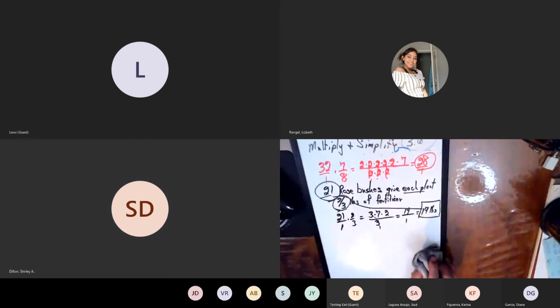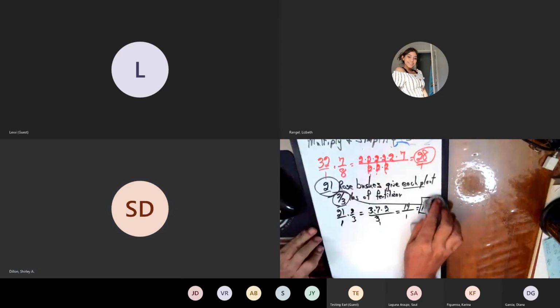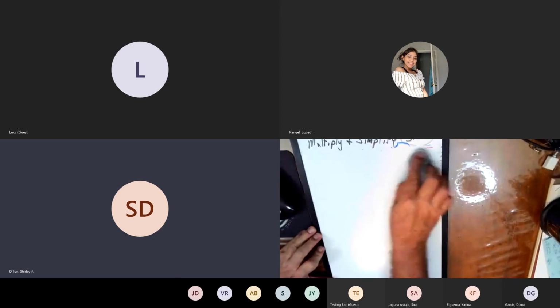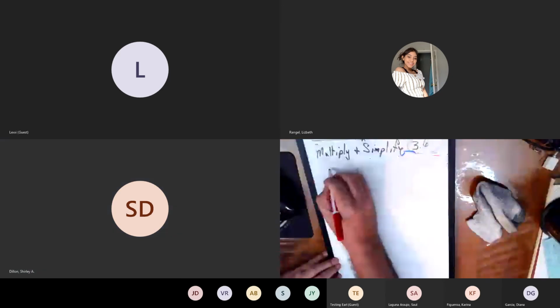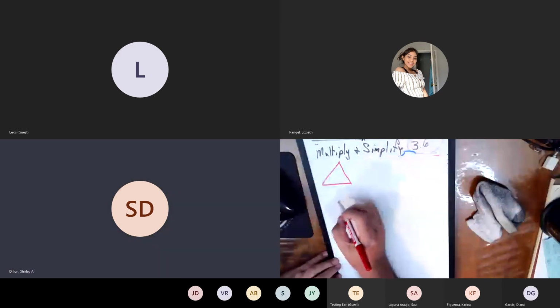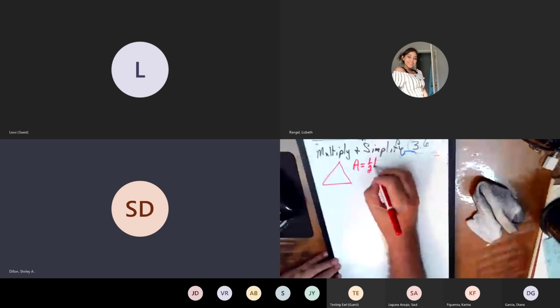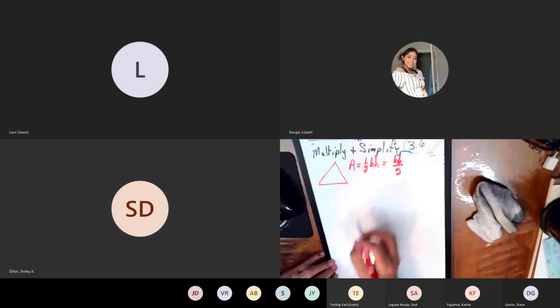One more example of multiplying fractions is when we use the triangle formula for area. Okay, if you have a triangle, I know that the area formula is 1/2 base times height, or it is base times height divided by 2. Since we're multiplying fractions, we're going to go ahead and use this one.